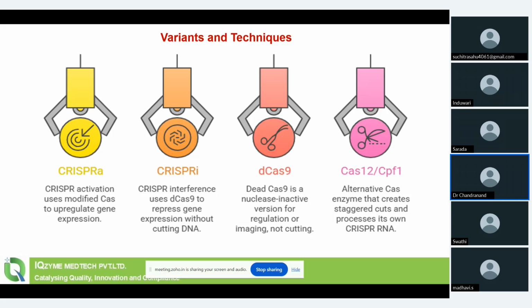It is a Cas9 enzyme which is deactivated to repress gene expression without cutting DNA. The dead Cas9 is a nuclease inactive version for regulation or imaging and not cutting. Then there is Cas12 or Cpf1. This is an alternative Cas enzyme that creates staggered cuts and processes its own CRISPR RNA.